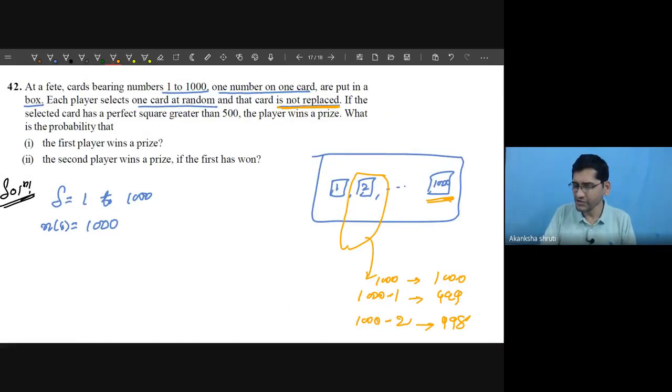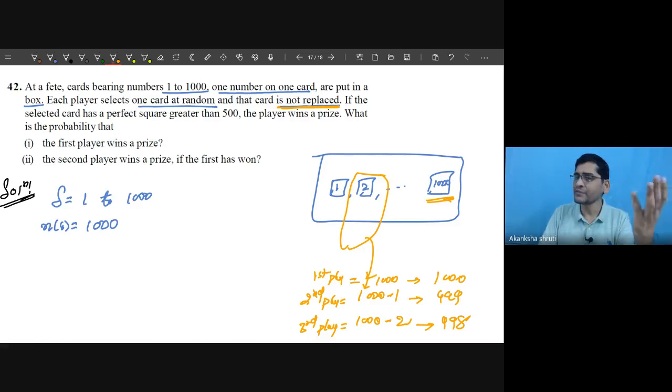Once it is taken out, for the first player, the entire 1000. For the second player, because the first player might have drawn any card, that is secondary. But if the second player is allowed, then one of the cards is removed. So 999. For the third player, the first two players have removed 2 cards.